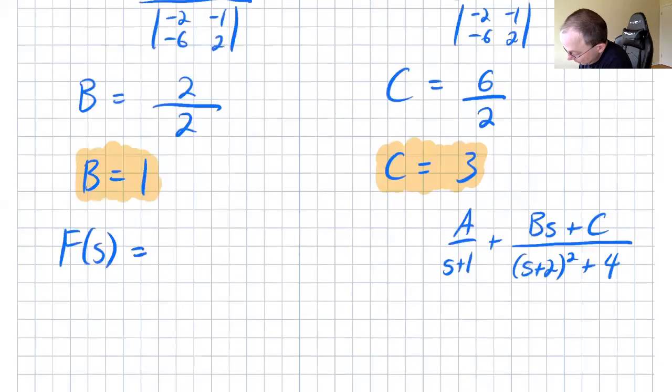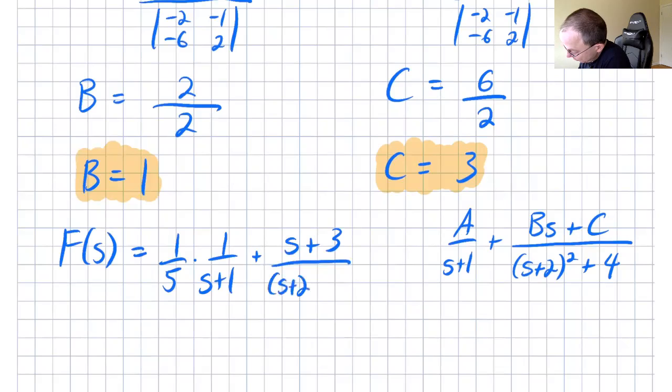So we have 1/5 times 1 over s plus 1, plus (s plus 3) over (s plus 2) squared plus 4.